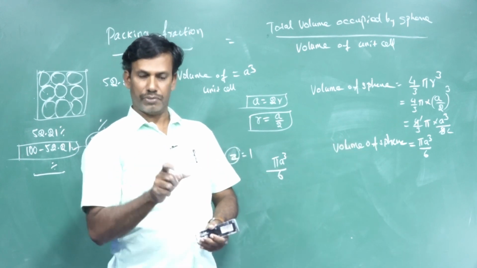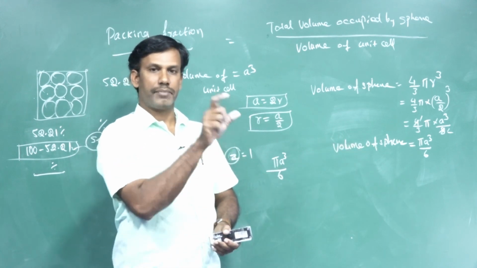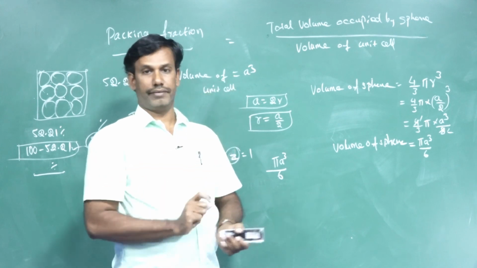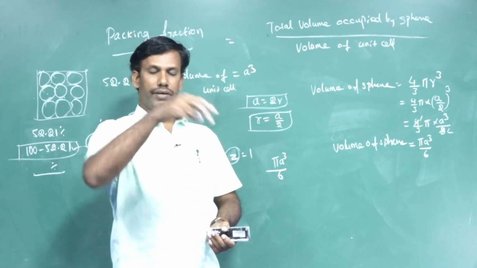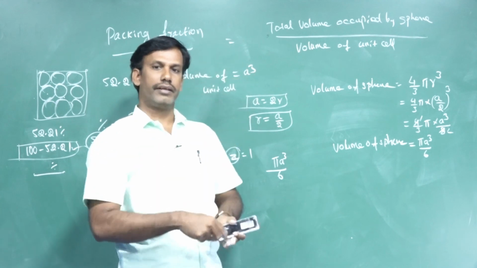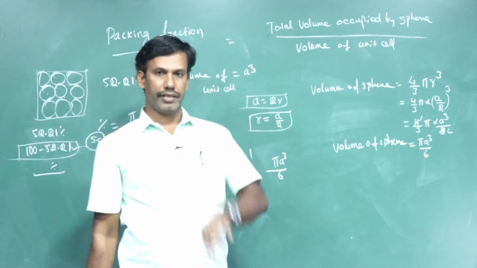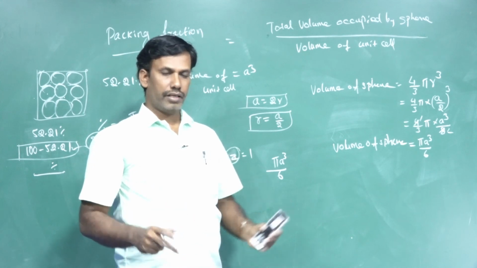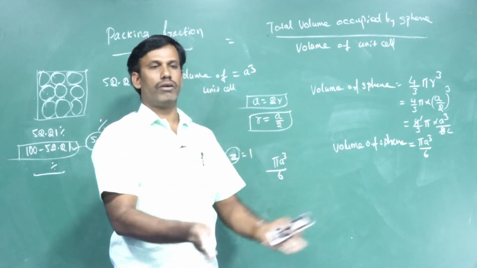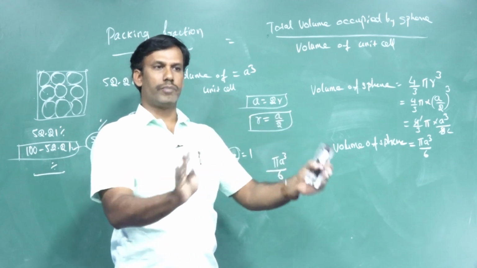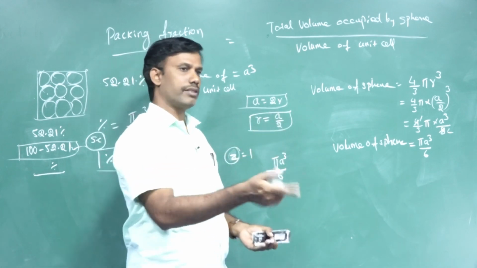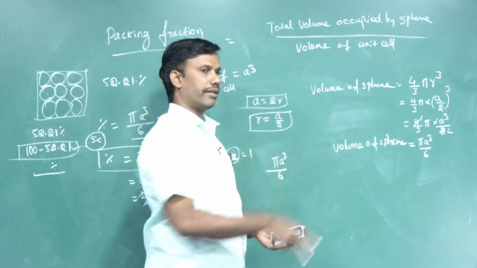But actually all the space of the container is not filled, because when you arrange the balls in a given arrangement, there must be empty, vacant spaces. So we cannot say the volume of 20 balls equals the volume of the container.